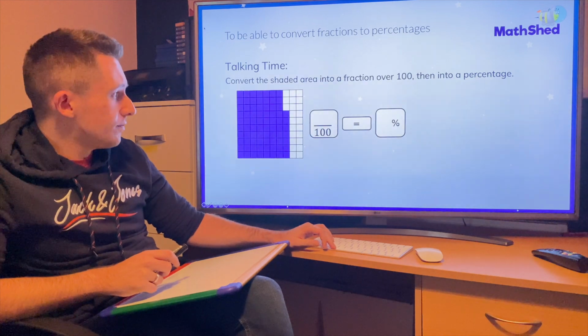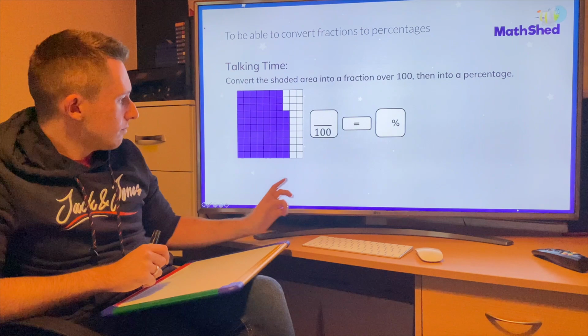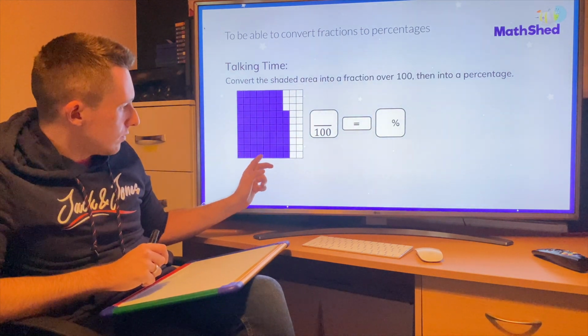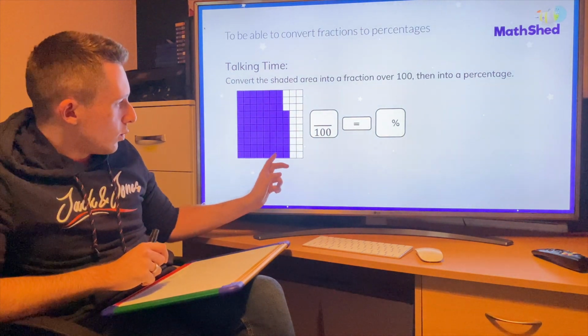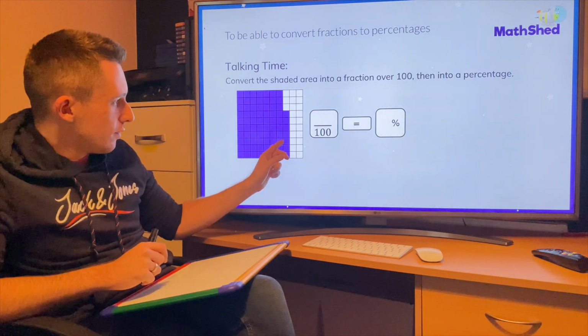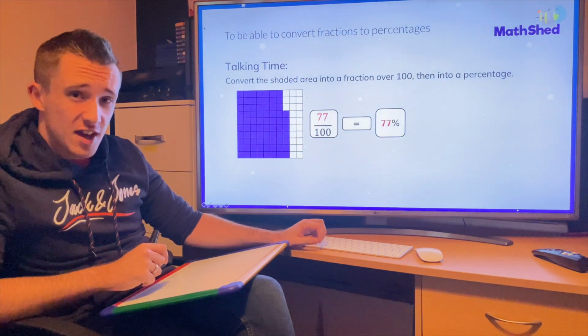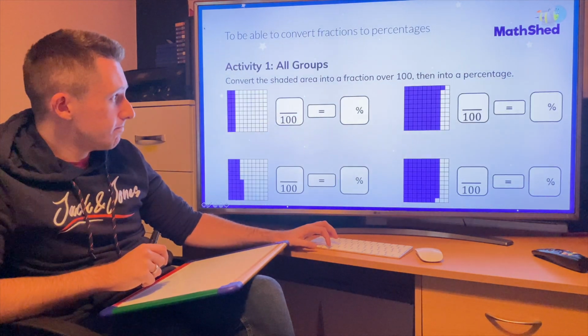This one here, in fact, you have a go. Pause quickly, have a go. We've got 70, 1, 2, 3, 4, 5, 6, 7. 77 out of 100, which is the same as 77%.